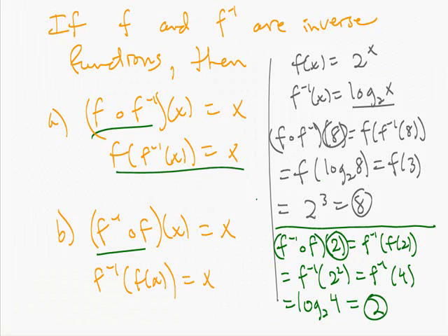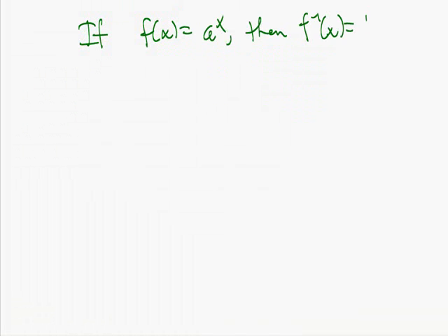So compositions of a function and its inverse always give me back the exact same thing I started with. And we saw it's true for particular numbers here, but it's also going to be true in general. And that is to say that if f of x is equal to a to the x, then the inverse function f inverse is going to be the log base a of x.